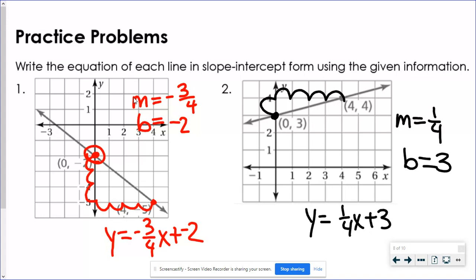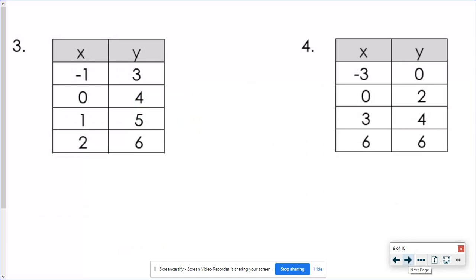Again, I think that we've done so much of the equations to graphs that going graphs to equations is not that difficult. The tables tend to give us a little bit more trouble. But again, if you look at my trick with slope, I want to know how the y's are changing and how the x's are changing. Remember, the y's are always on the top, rise over run, change in y over the change in x, however you want to talk about that.